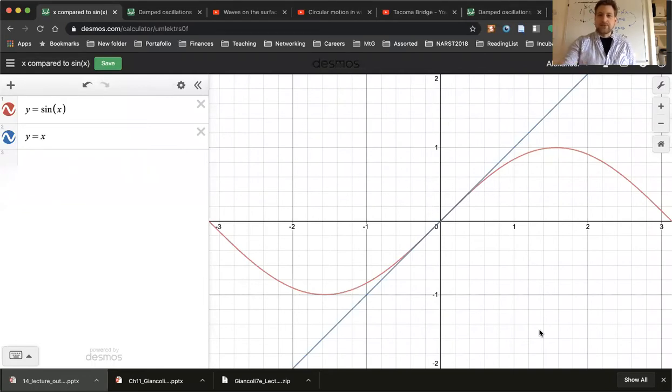So here's a graph of sine of x and x. X is in blue and sine of x is in red. And these don't look particularly equal. We've got this one is 1.5 and this one is 1. So we're talking about 50% difference.